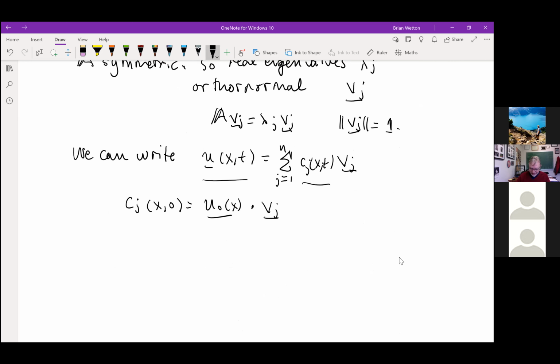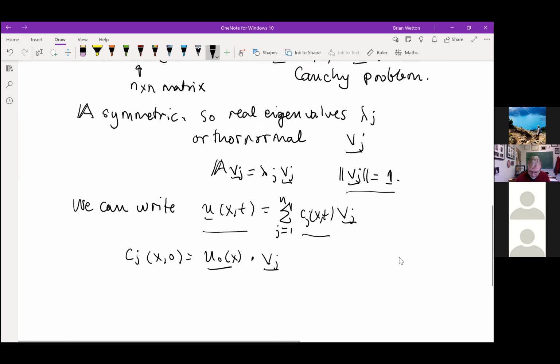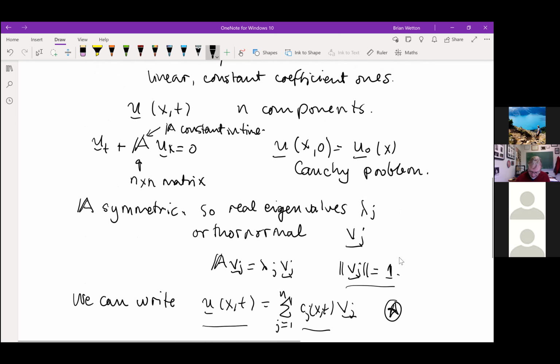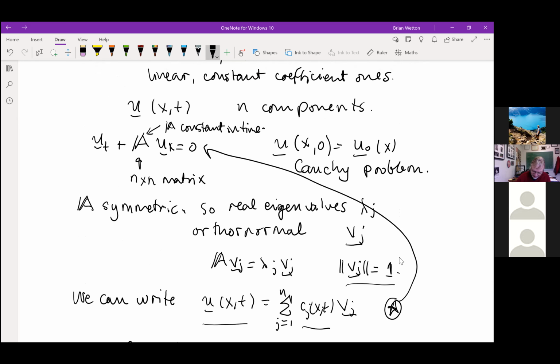You just take the dot product with the eigenvector, and there would normally be a normalizing term that would come here, the 2 in the sine series kind of thing, except that I've picked them to be normalized. Now if you take this and you put it in the PDE, you can see that everything separates out into eigen coordinates.